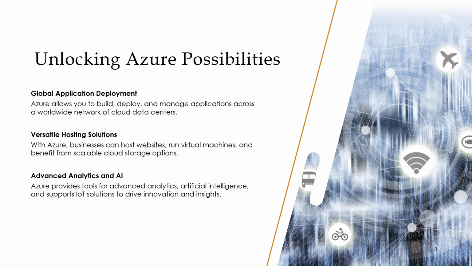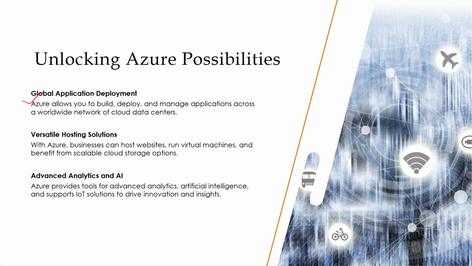Before getting started, let's talk about what Microsoft Azure offers us. Azure provides more than 100 services. It enables you to build, deploy, and manage applications across a global network of data centers.